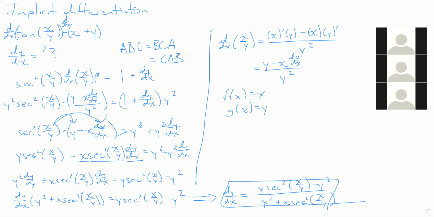There's a lot going on here where I'm rearranging things by personal preference. For example, this thing here, I could also say is equal to y squared minus y secant squared x over y, over negative y squared minus x secant squared x over y. This is a common thing that happens when you're doing implicit differentiation.